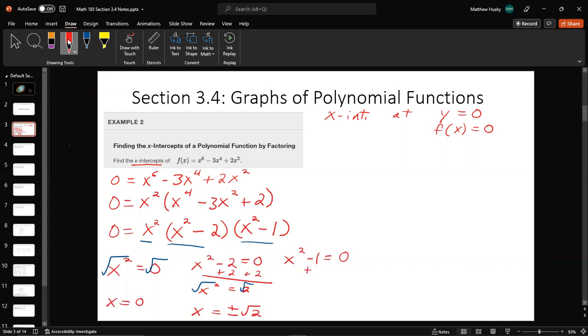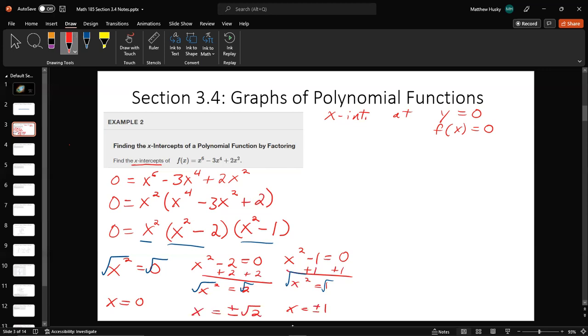And lastly over here, if you add 1, you get x squared equals 1. You're going to need to square root each of those. Square root of 1 is 1, so x should equal plus or minus 1. And just remember, when you solve and use a square root, there's both a positive answer and a negative answer at the same time.